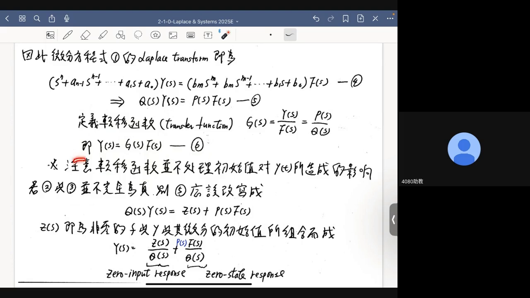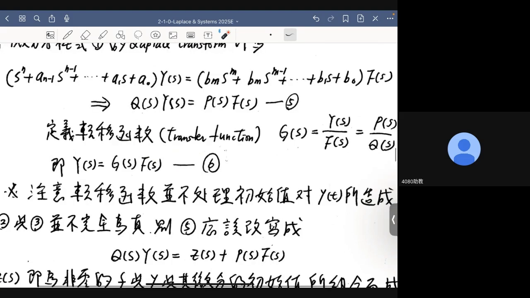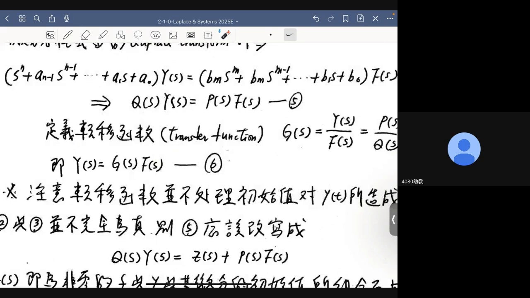So this is indeed a great result. And this also explains why we want to use Laplace transform, which itself is a complex mathematical process. But by using Laplace transform, we can come out with such a simple result, which can help us relate input to the output in a very direct format.